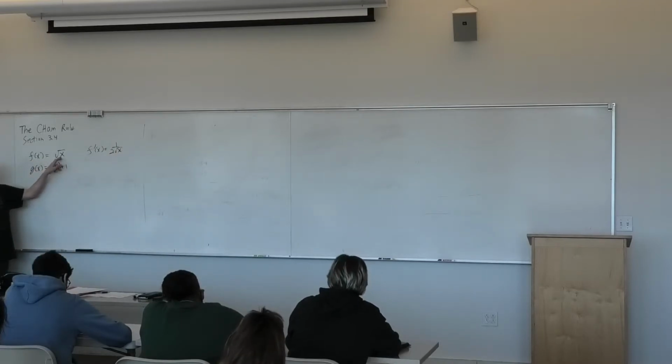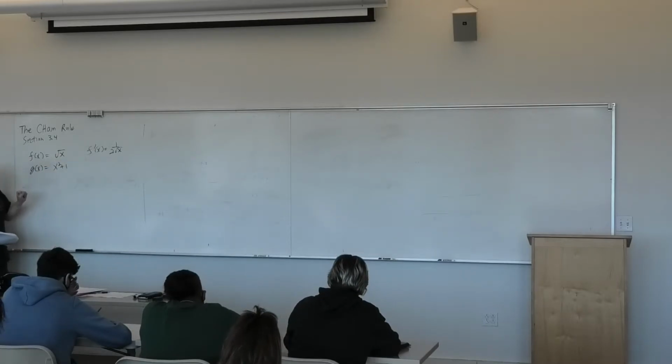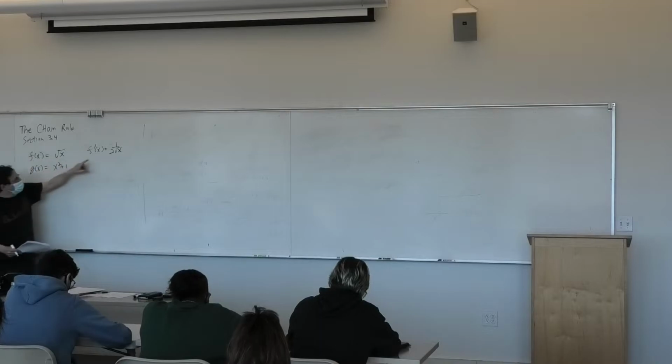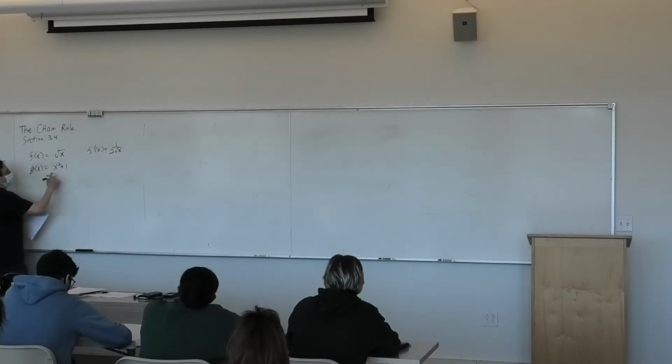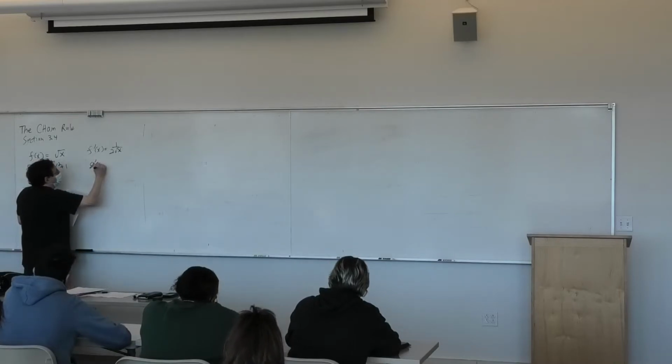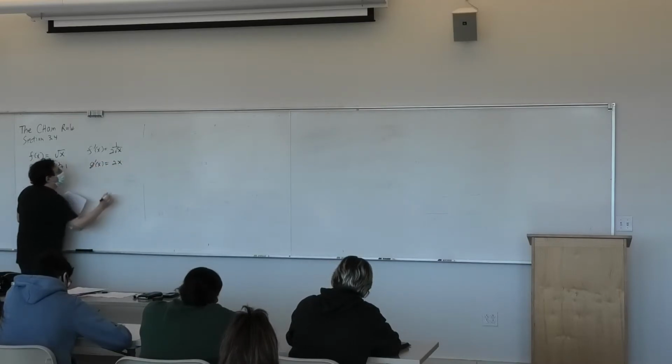In case it's not obvious, this is x to the 1/2, and I can use the power rule: 1/2 x to the 1 minus 1/2, which is negative 1/2. So that's how I get 1 over 2 square root of x. The derivative of g of x is 2x.